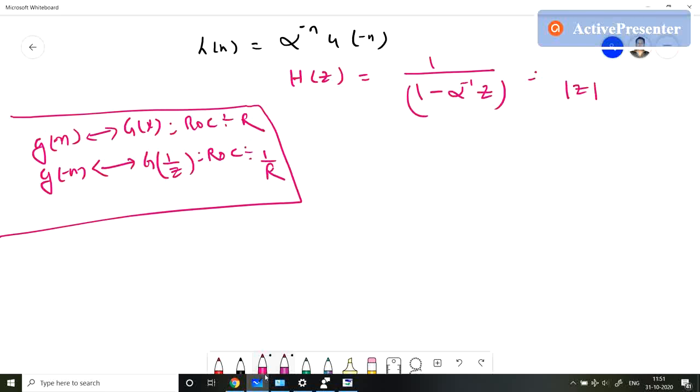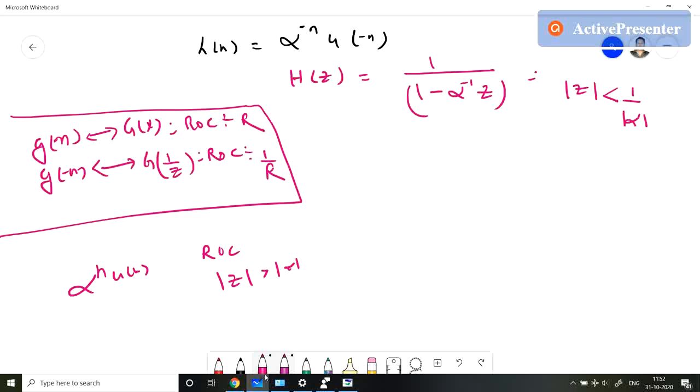Previously, for alpha raised to the power n u(n), the ROC is modulus of z greater than modulus of alpha. Now the ROC is modulus of z less than modulus of 1 divided by alpha.